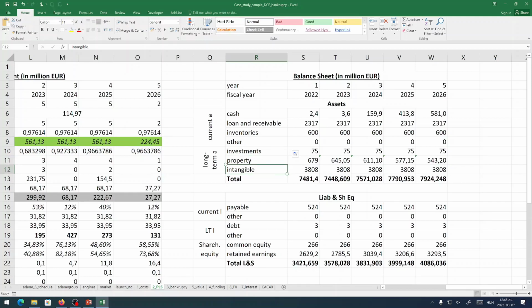And the other thing is intangibles. So since this company has many patents at the level of 3D printing, many patents at the level of software development, many patents at the level of building different space accessories, how to build different vehicles.